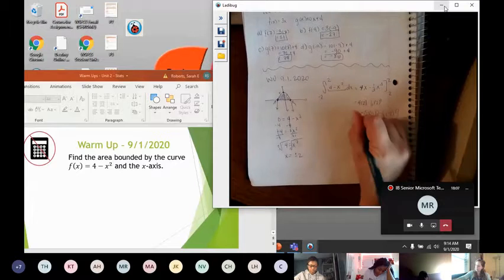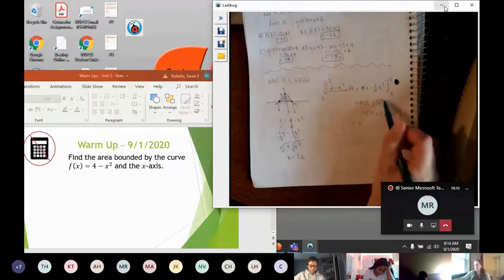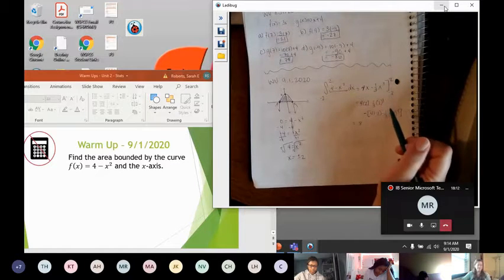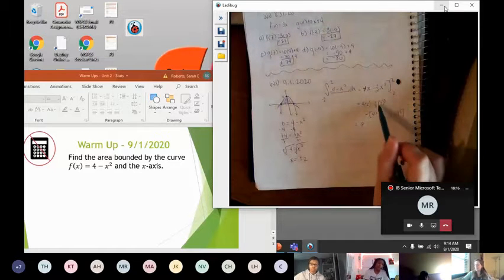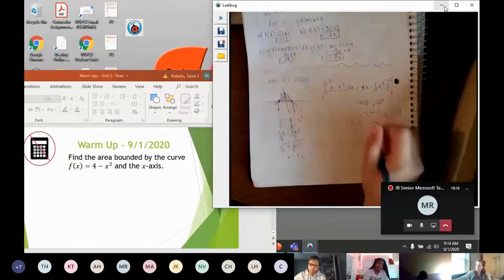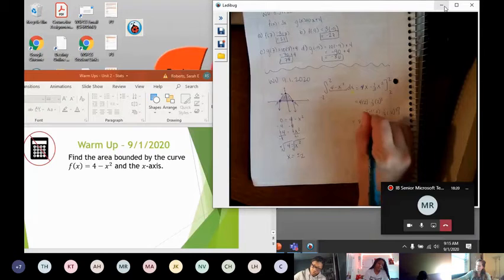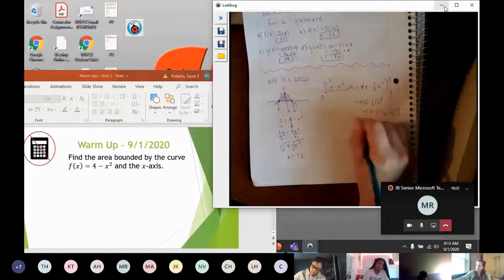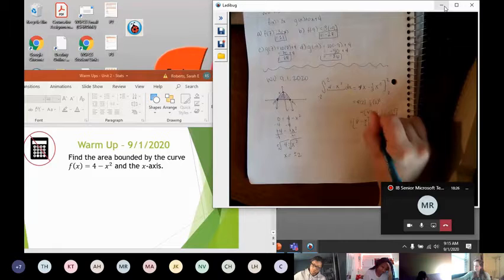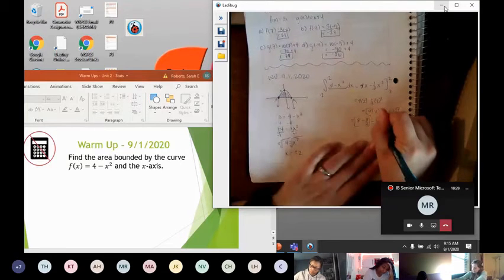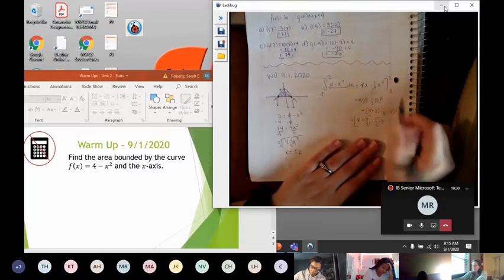So 4 times 2 is 8. 2 cubed is 8 times 1/3, which is -8/3. And then we're subtracting off. Let's see, this is going to be -8. And then this is going to be -8 as well.